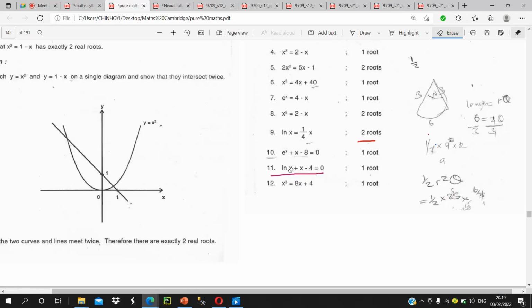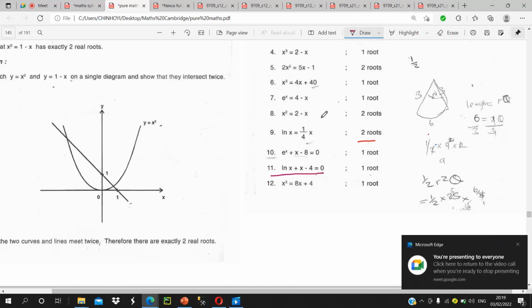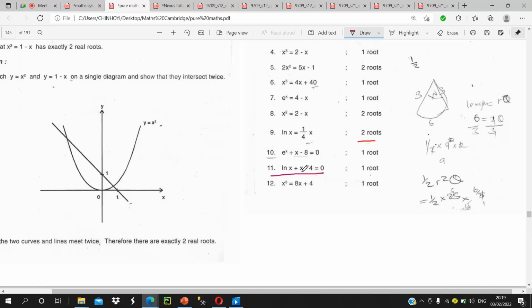I was trying to find out where the graph crosses the x-axis by making an equation where ln x plus x minus 4 is equal to 0. Okay, so did you split this equation? No, you didn't. If you look at number 9, the equation was split.